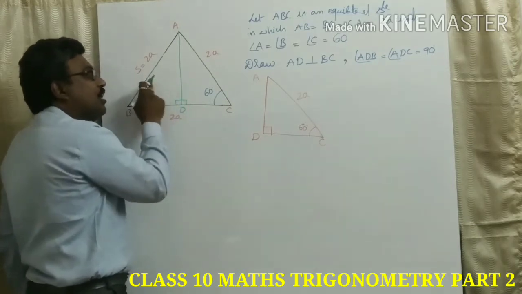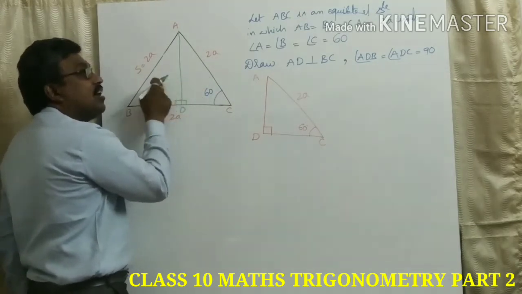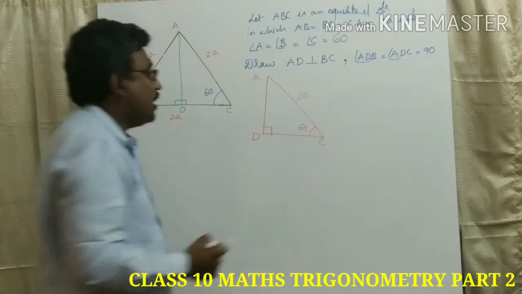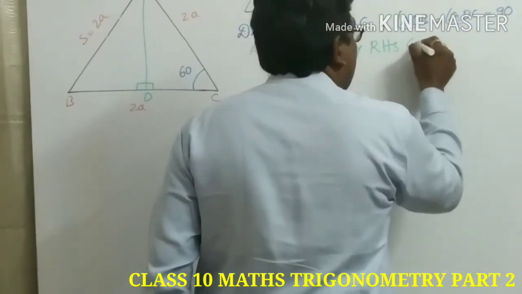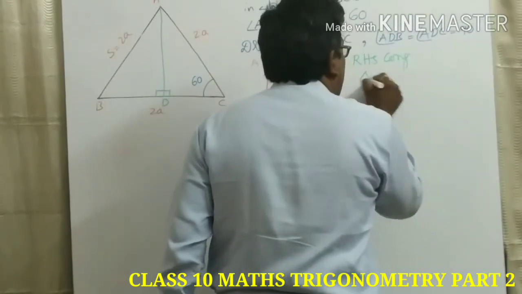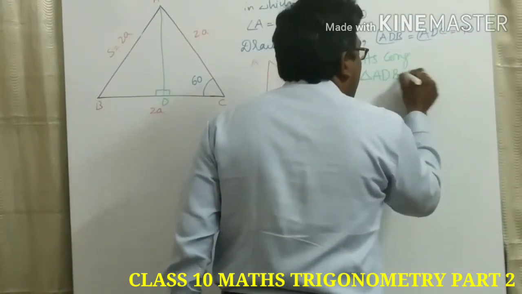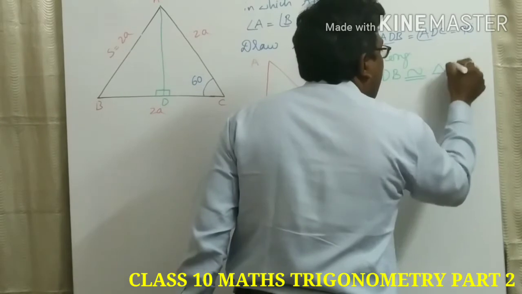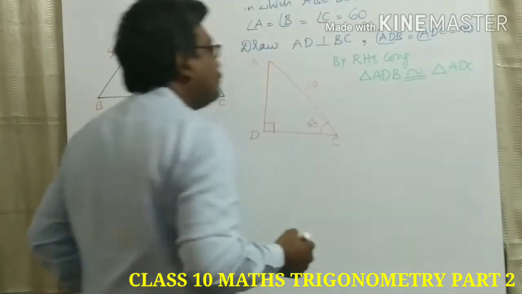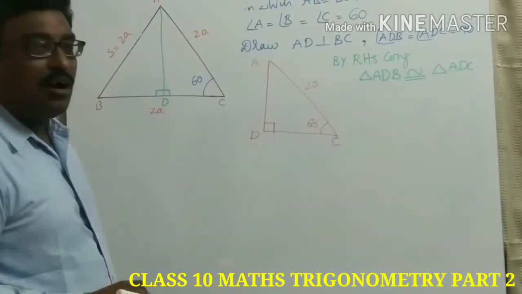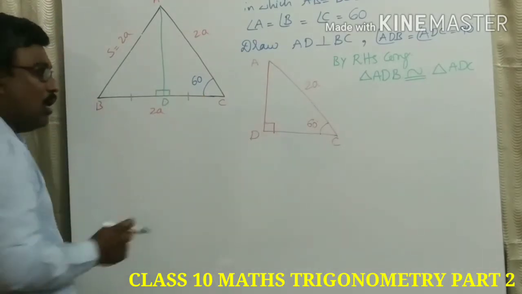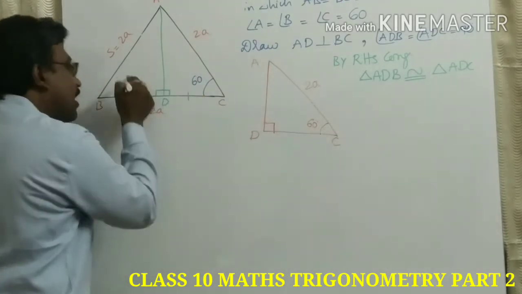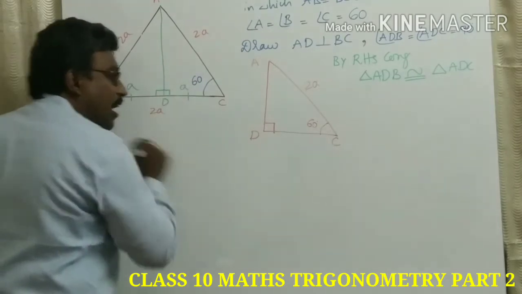By RHS congruency, these two triangles are congruent. Triangle ADB is congruent to triangle ADC. By CPCT, these two sides are equal. The total length is 2A, so each length is A.